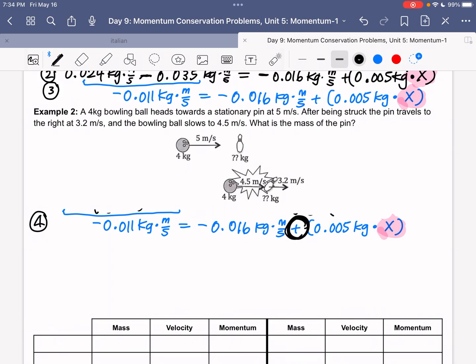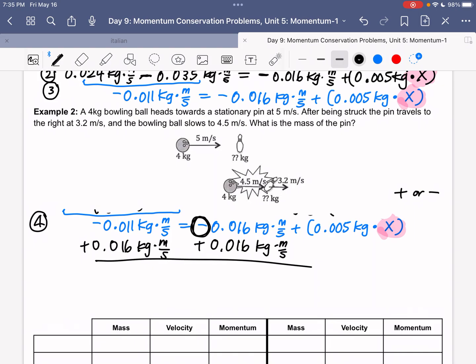So, because they're connected by a plus sign, we need to use either plus or minus, right? If they're connected by multiplication or division, we need to do one of those. So because this is negative, we need to do the opposite of that to undo it. So positive 0.016 kg times m/s plus 0.016 kg times m/s.